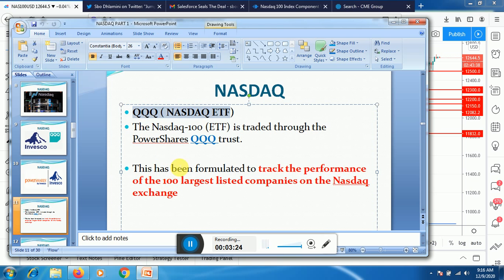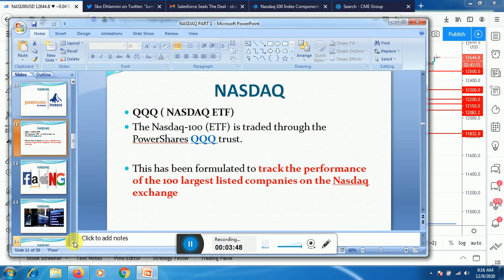Also, it is traded through the PowerShares QQQ Trust. It was formulated to track the performance of the 100 largest listed companies of the NASDAQ exchange. Similar to the NASDAQ 100, this one also tracks the 100 largest companies on the exchange. So this one is an ETF, né?